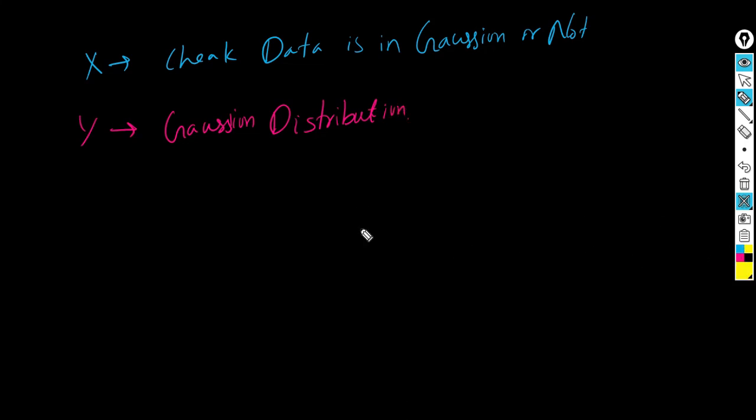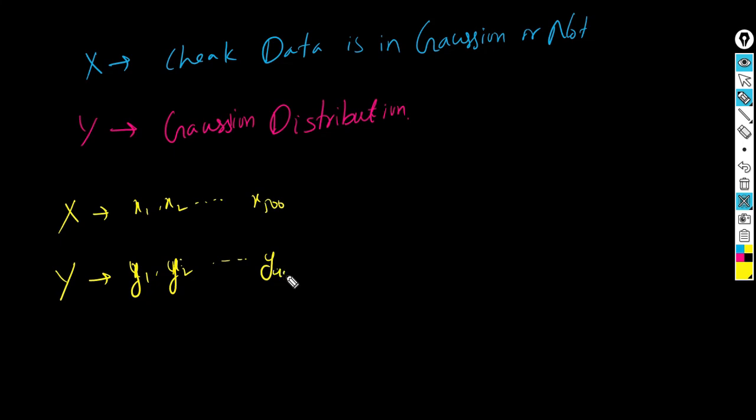X is the data, and here the points are X1, X2 up to, let's consider, 500 points. And Y is in a Gaussian distribution. The X distribution we don't know, and the Y distribution we know already. Here let's consider Y1, Y2 up to Y400. No problem, the number of points can be different.